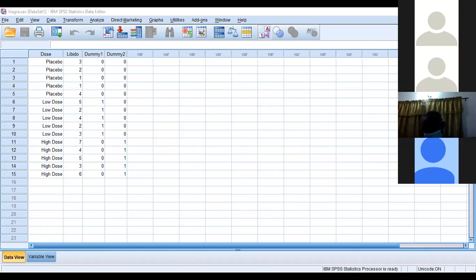Okay, stop sharing then, and share again. My Zoom is minimized, so it's difficult for me. Stop sharing. If you go back to share screen now, you will now see the result.